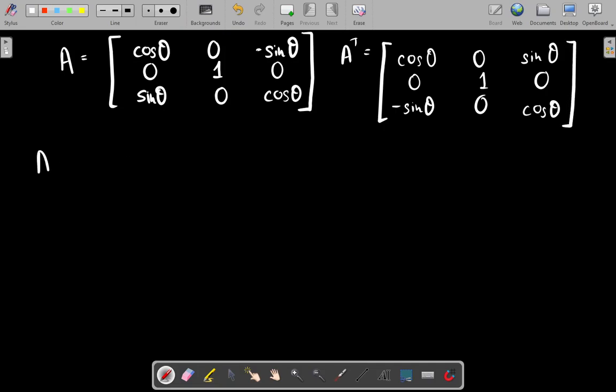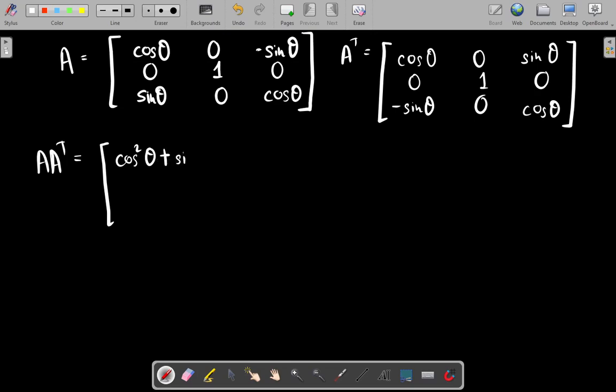Now let me check if it is orthogonal or not. I will multiply A and A transpose. The first element is cos theta times cos theta, which is cos square theta, plus 0 times 0 is 0, plus minus sin theta times minus sin theta, which is plus sin square theta.